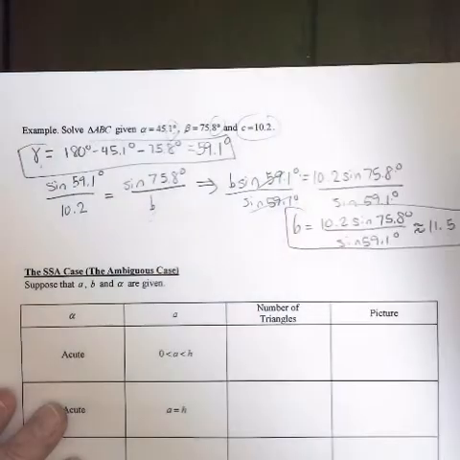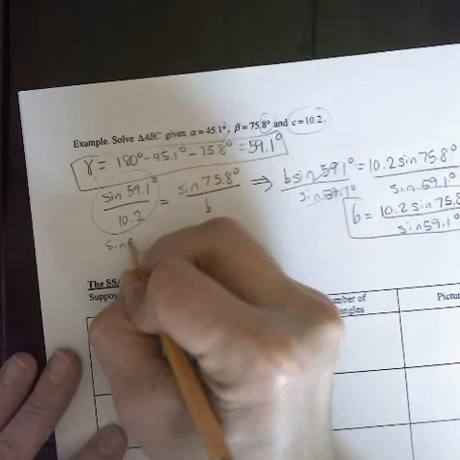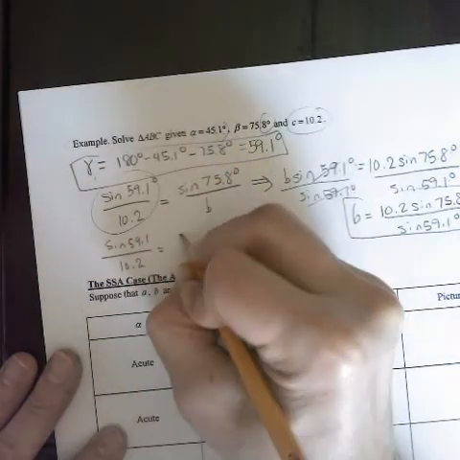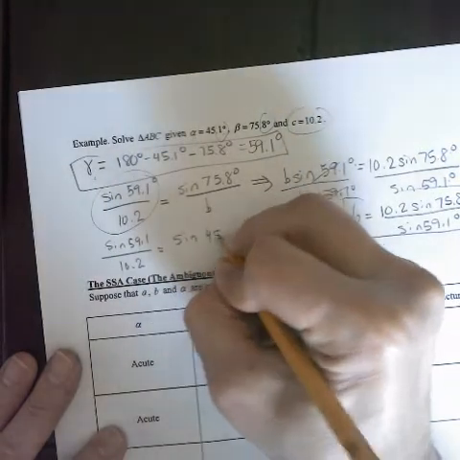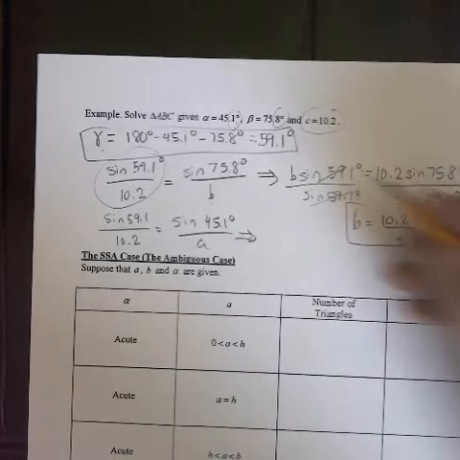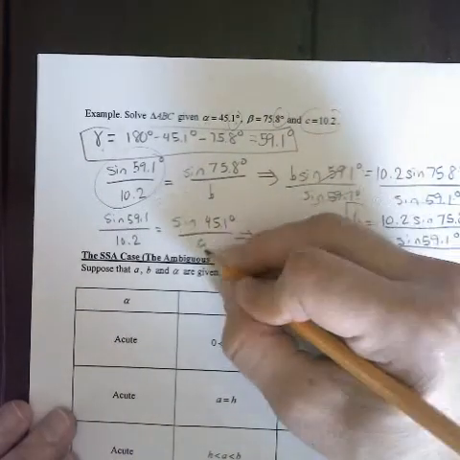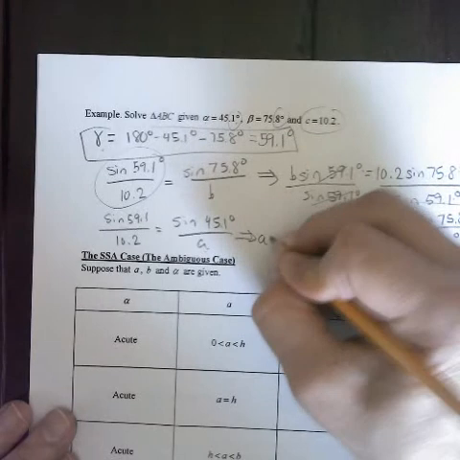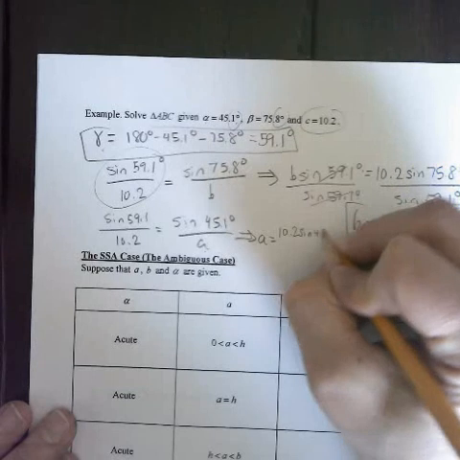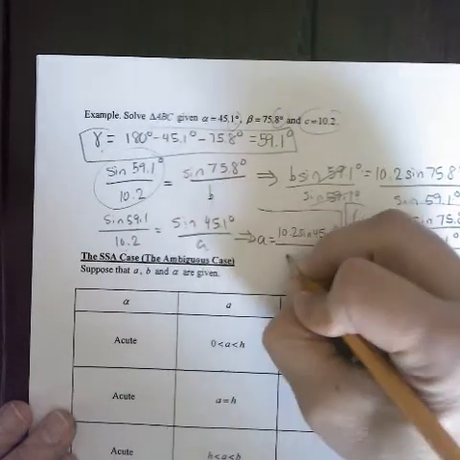So we just use this ratio again, and then sine of 45.1 degrees over A. So this time I won't show all this work, but it'll be A equals, excuse me, 10.2 sine of 45.1 degrees over sine of 59.1 degrees.